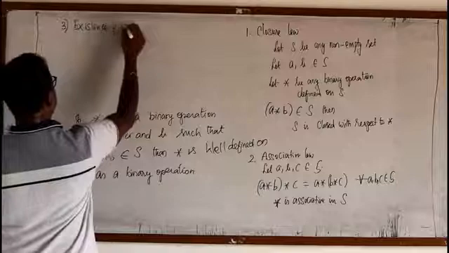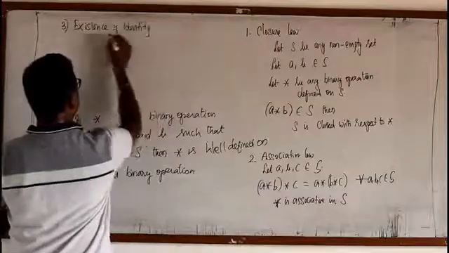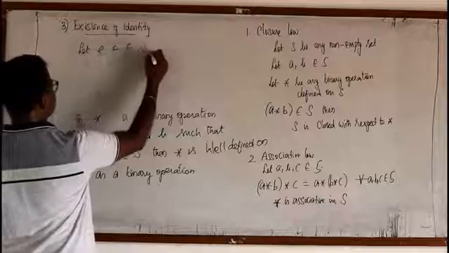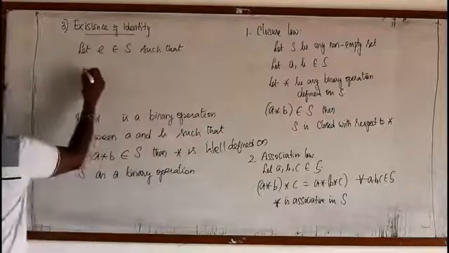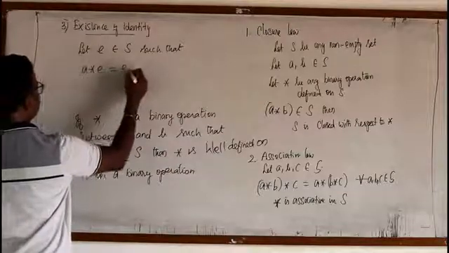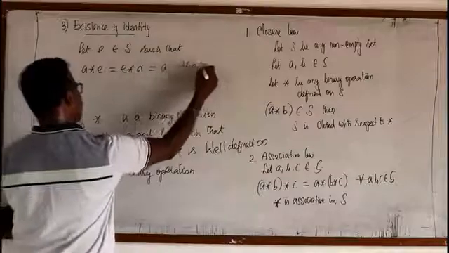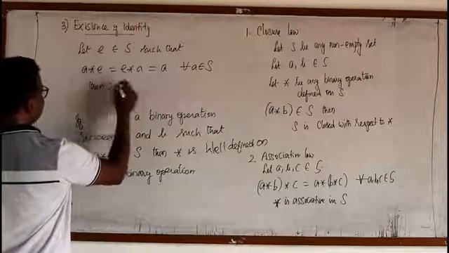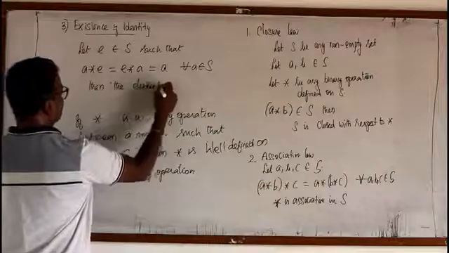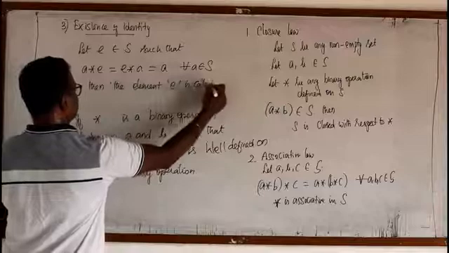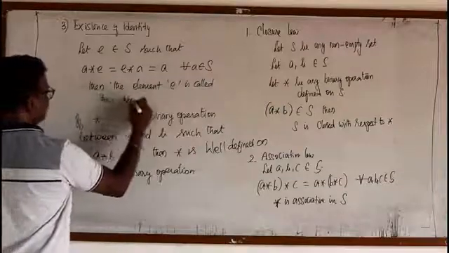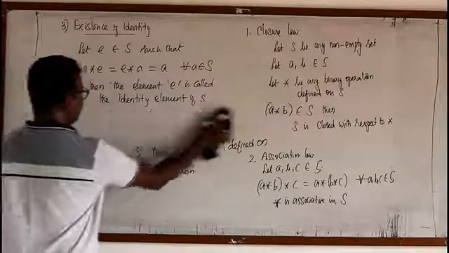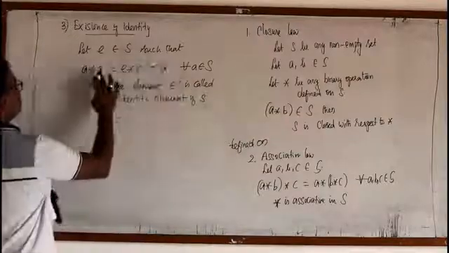Suppose I have a special element, let E belong to S, such that with respect to that operation, either A star E or E star A gives me A, for any A belonging to S. Then this E is called the identity element of S. That is, in the operation on S, E won't get involved.